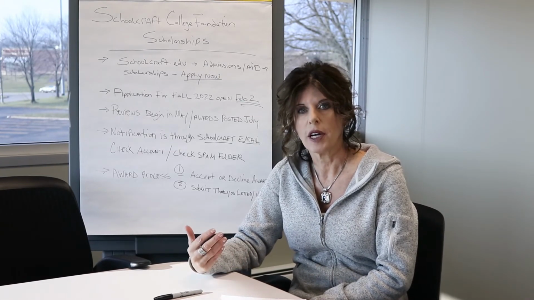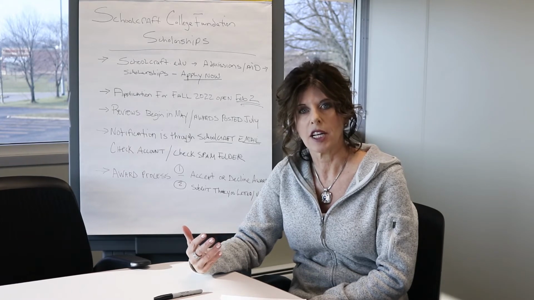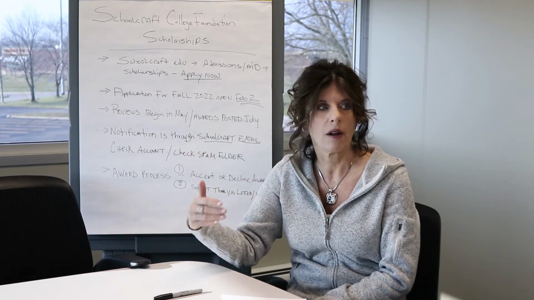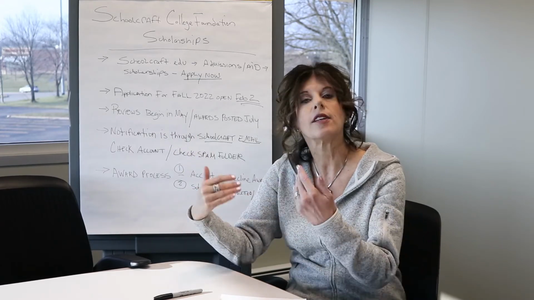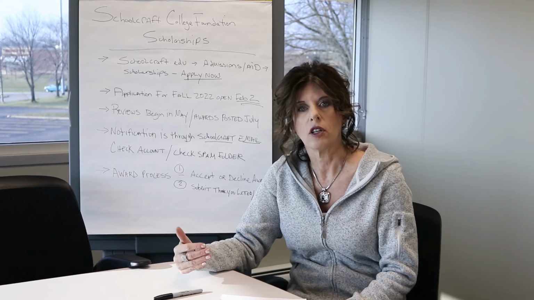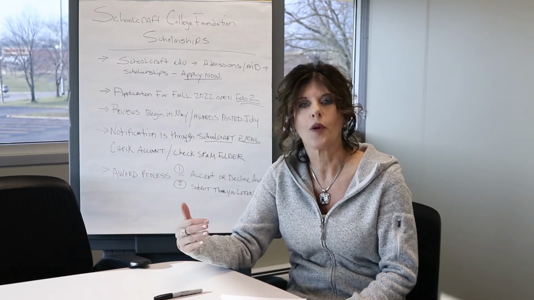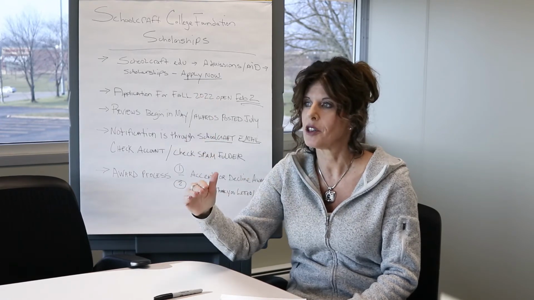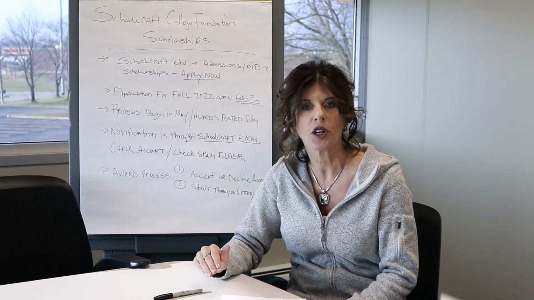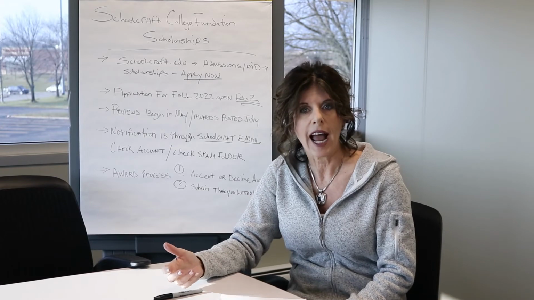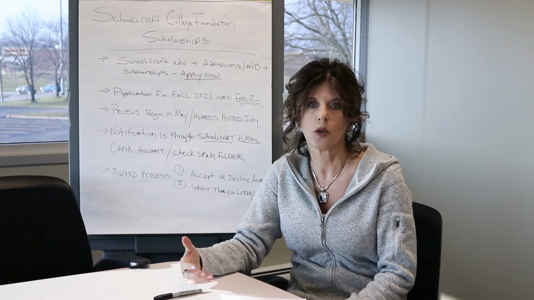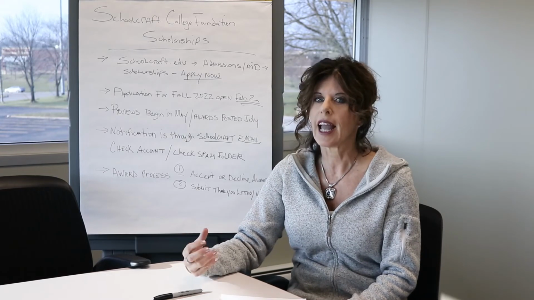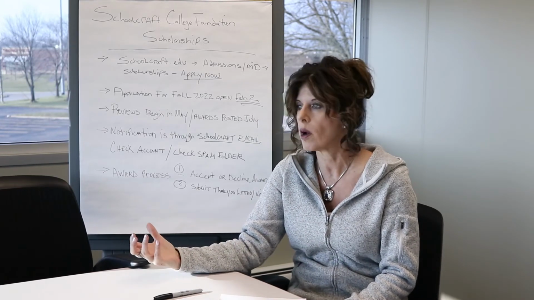So if you're filling out an application for a foundation scholarship, the system is going to automatically prompt you to answer questions. And you'll find that the more questions you answer, oftentimes the more it's going to push you to answer even more questions. The reason that happens is because the system can intuitively look at what you're answering and say, hey, they mentioned this in one of their answers.